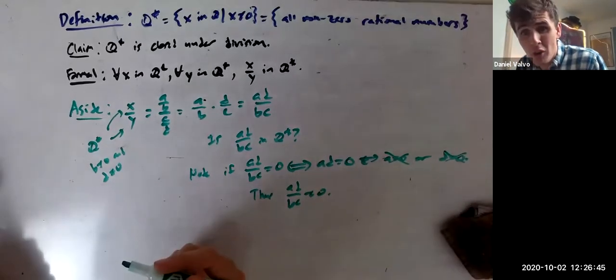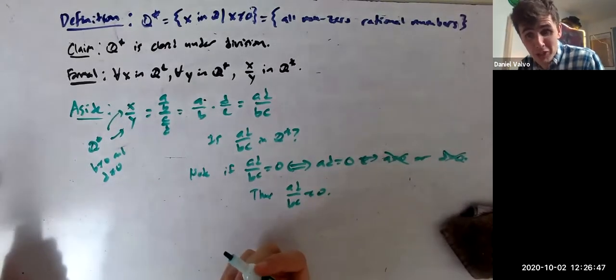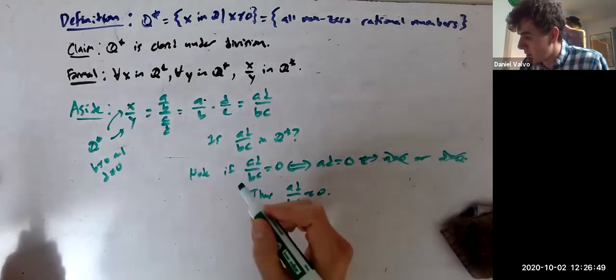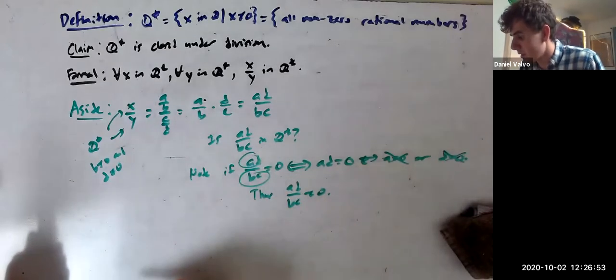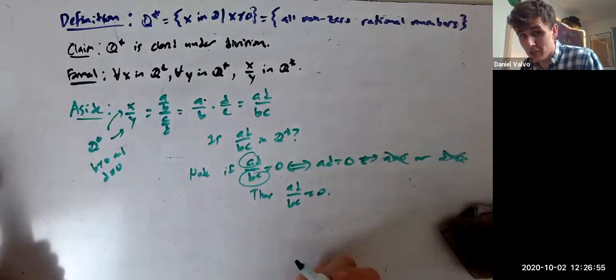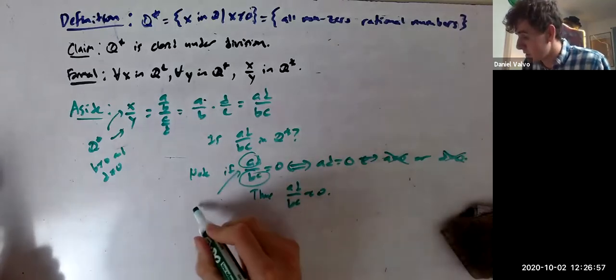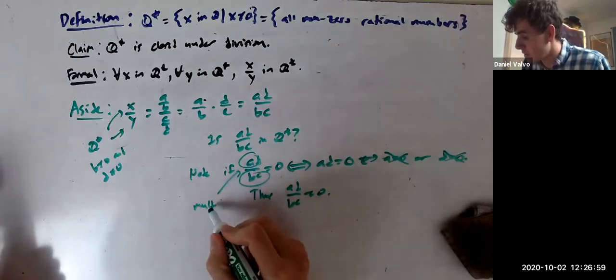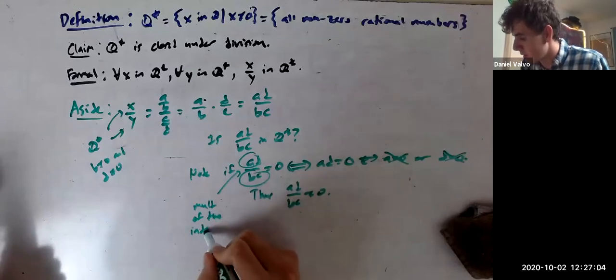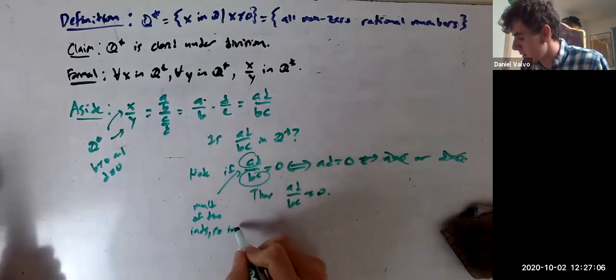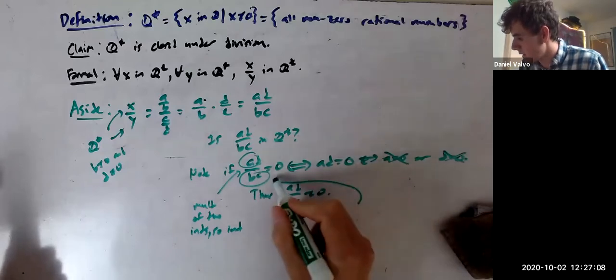To be a rational number, all that means is that you're a ratio of integers. Well, this looks like a ratio, right? You have an AD over a BC. And the question is, are those integers? Well, this is just multiplication of two integers. Multiplication of two integers is an integer. And same thing here.